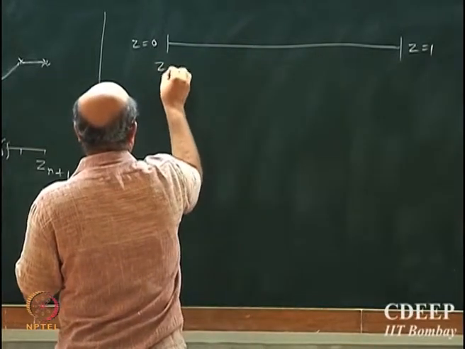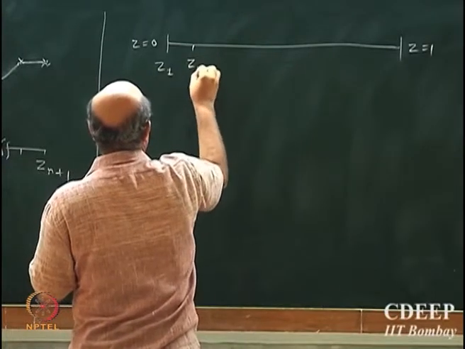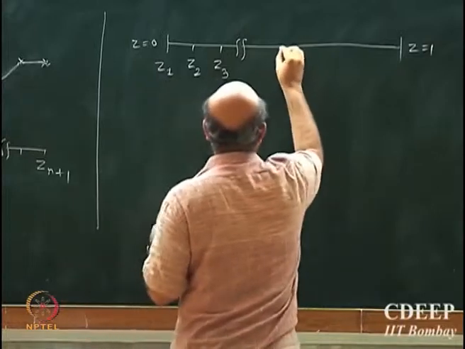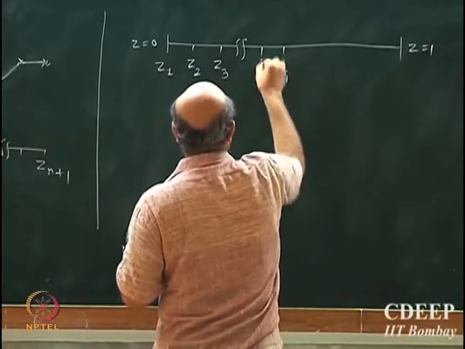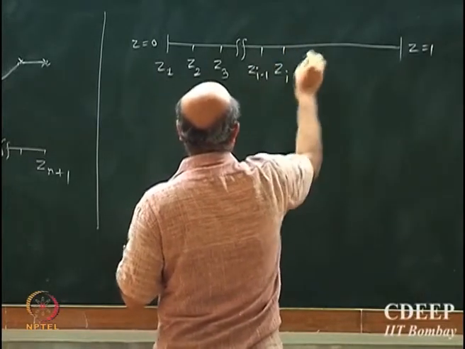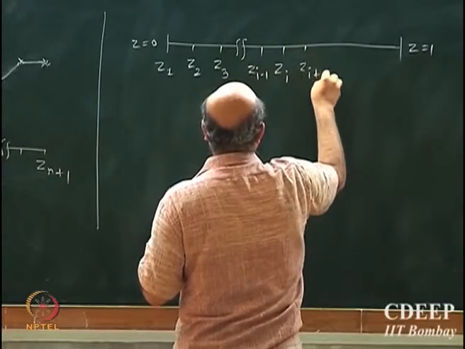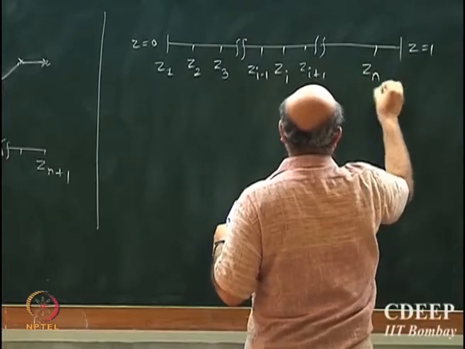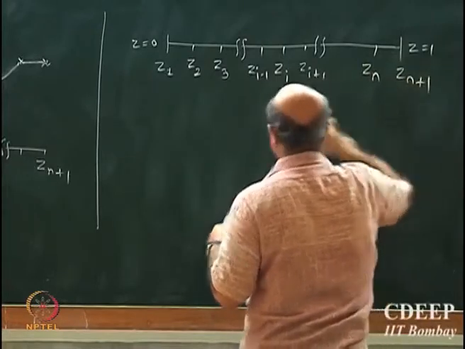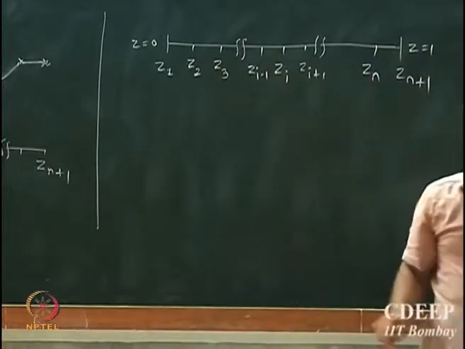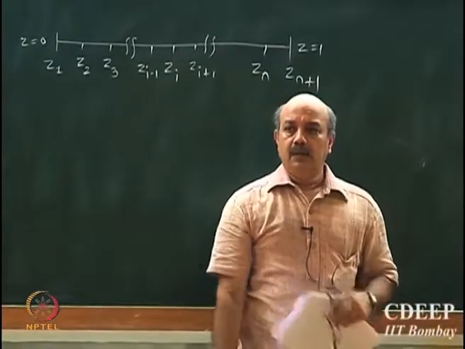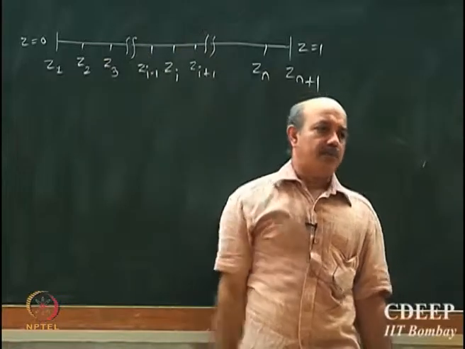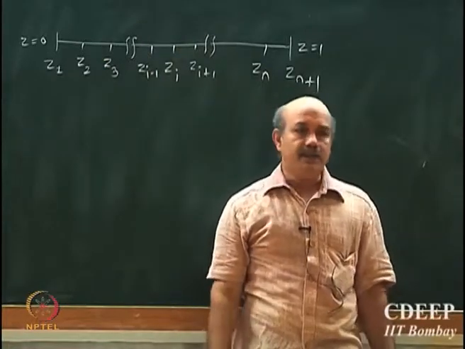So this is my z1, this is my z2, this is my z3, this is zi. These are my grid points in a domain 0 to 1.